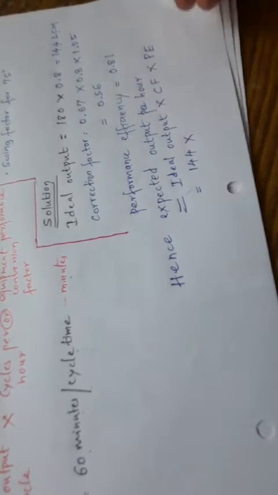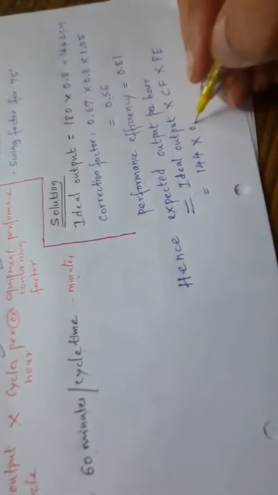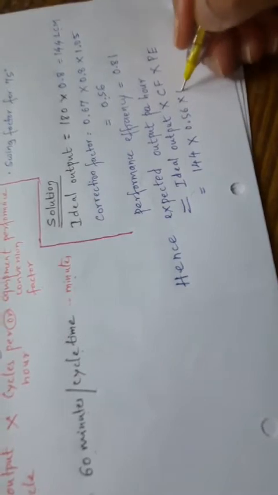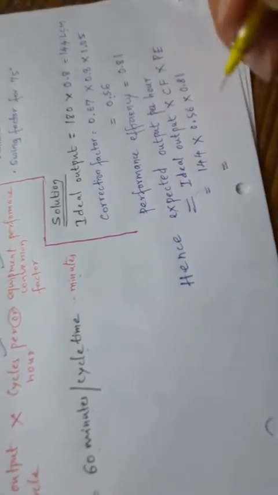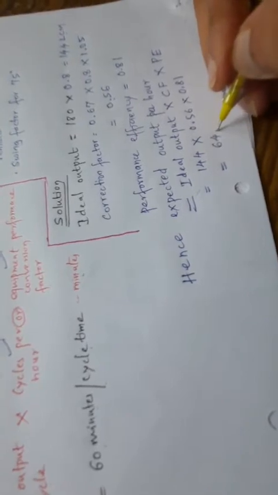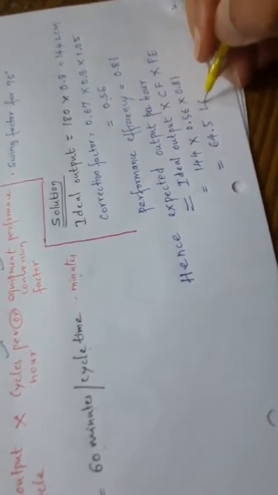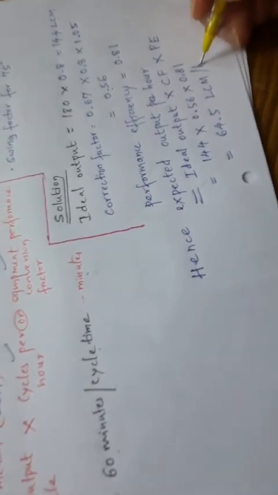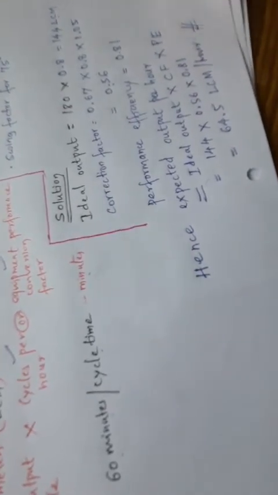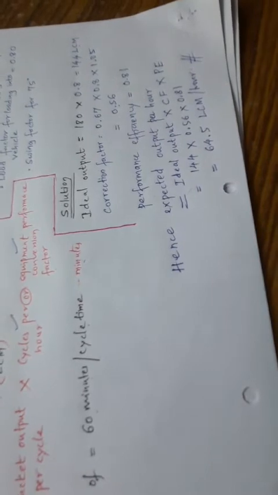Ideal output, how much you got? 144, into correction factor 0.56, performance efficiency 0.81, that gives you 64.5 LCM per hour. So this is the answer. So the backhoe having the capacity 1.14, excavating a foundation depth of 3 meter in hard digging soil, gives you an output of 64.5 LCM per hour. Clear? Take down the problem.